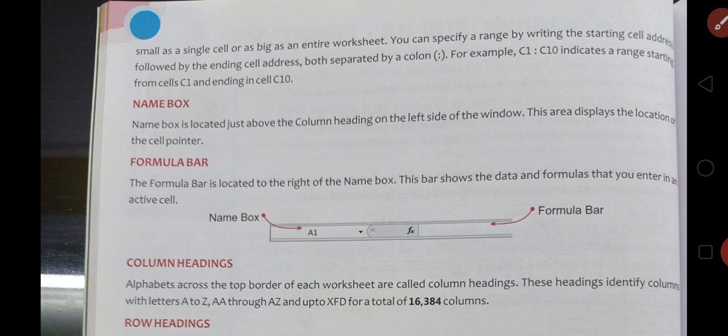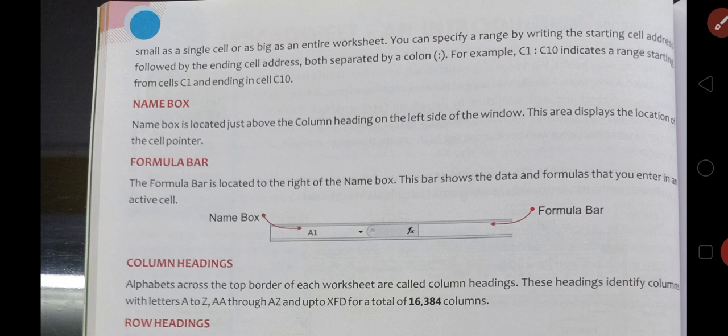For example, if you see here, C1:C10 indicates a range starting from cell C1 and ending in cell C10. So you can select any range of cells accordingly.